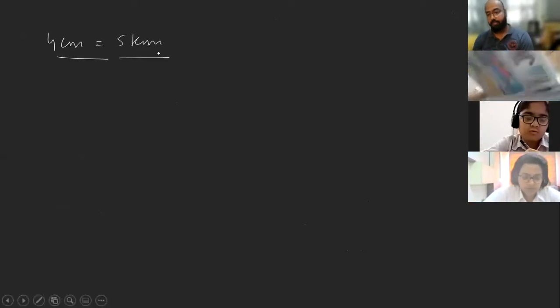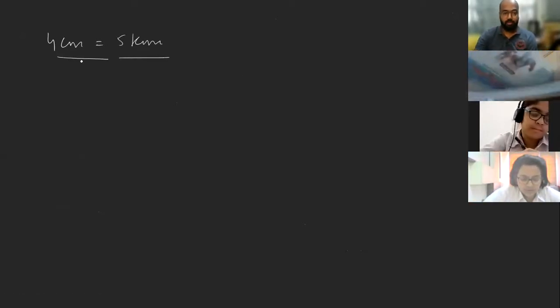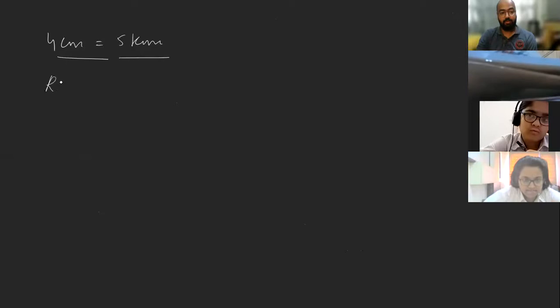I'll give you a few minutes to solve it. 4 centimeter is equal to 5 kilometers. Convert it into RF. Always start with writing the formula.